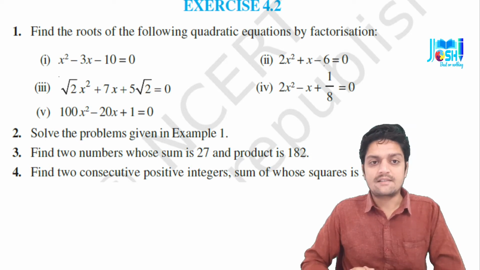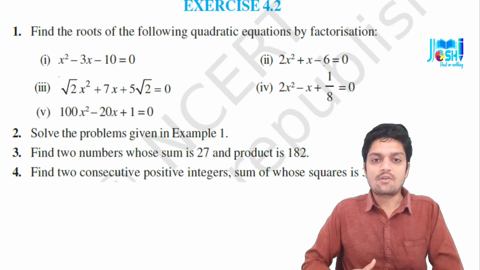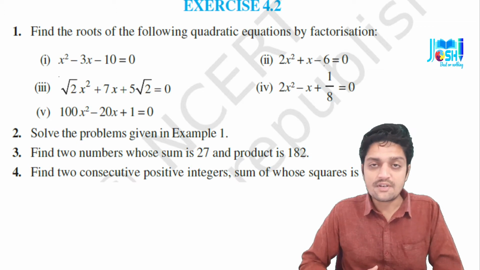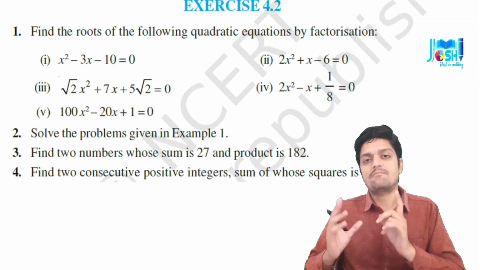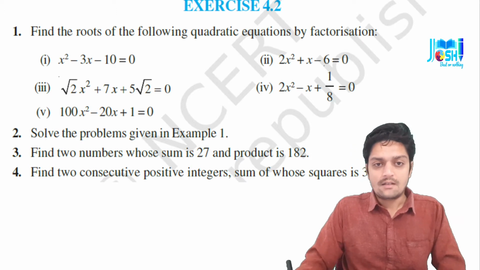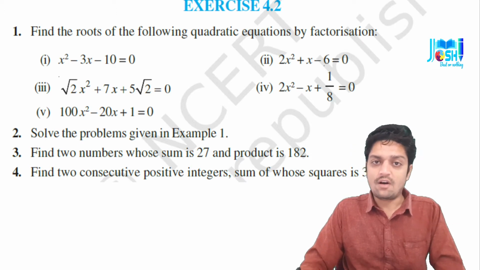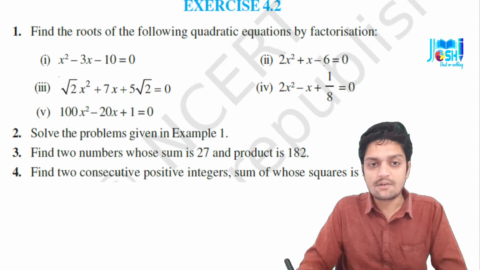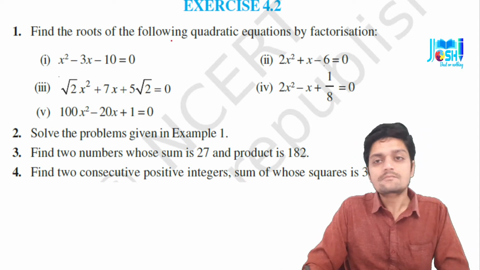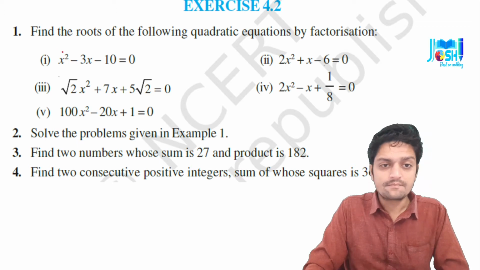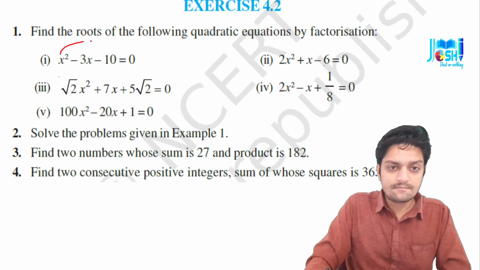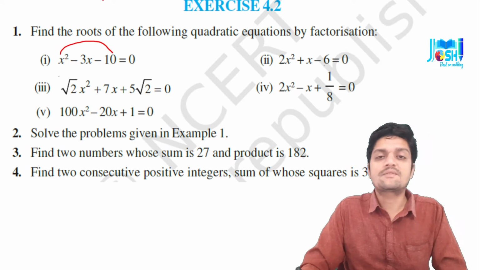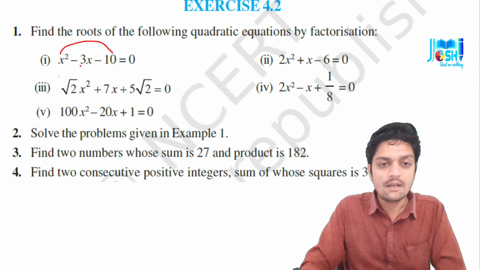It is asked to find the roots of the following quadratic equation by the factorization method. As you all know, the factorization method is nothing but splitting the middle term. Here you have to multiply the first and last terms: 1 into minus 10, that is minus 10.